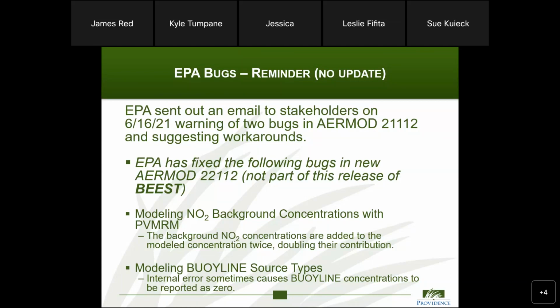And the other issue was if you were modeling buoyant line sources, there was an internal error that would sometimes cause the buoyant line concentrations to come up as 0. So again, these have been fixed in the latest version of EPA's AirMod. It will become part of Beast 12.09, which we are currently working on.